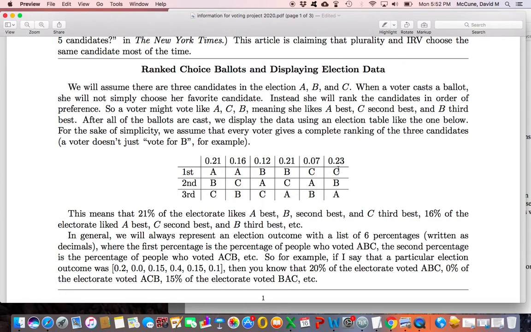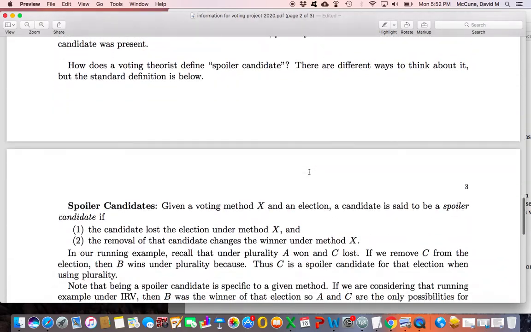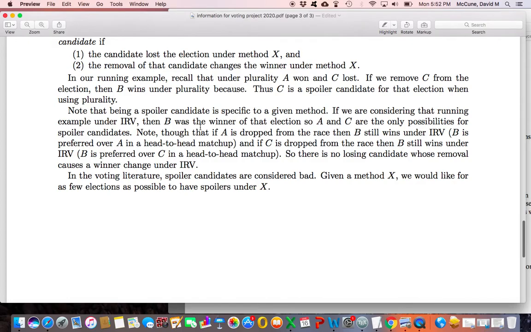But notice, if you remove C, then once again, B gets 56% of the vote. So the winner doesn't change under instant runoff voting. B won before you took C out. B wins after you take C out. So C is a spoiler under plurality, but not under instant runoff voting. So that's the first note. When you're talking about spoilers, you have to have a specific method in mind.